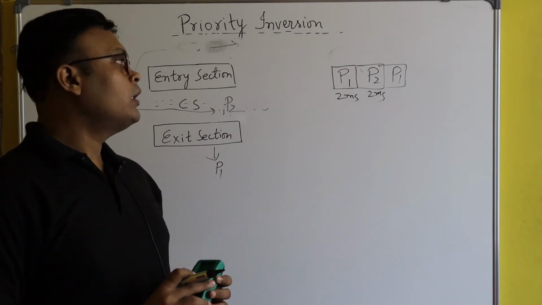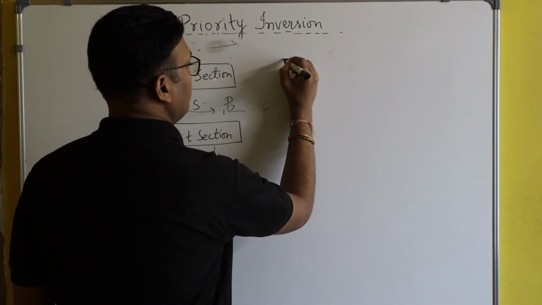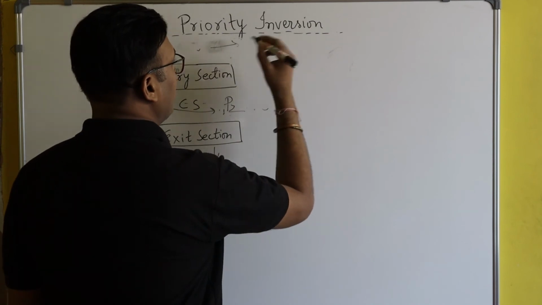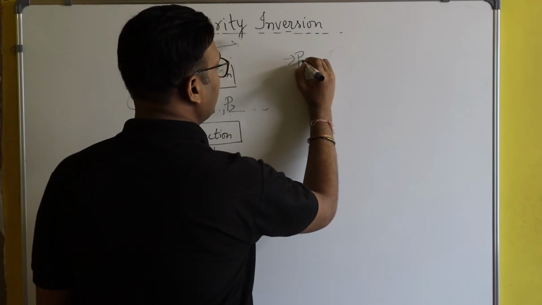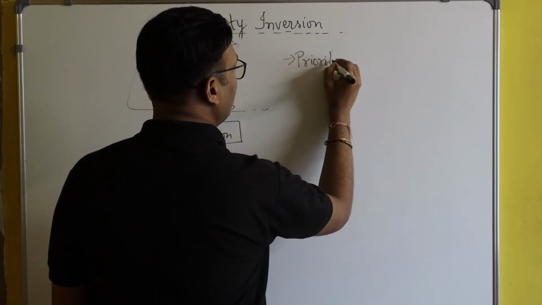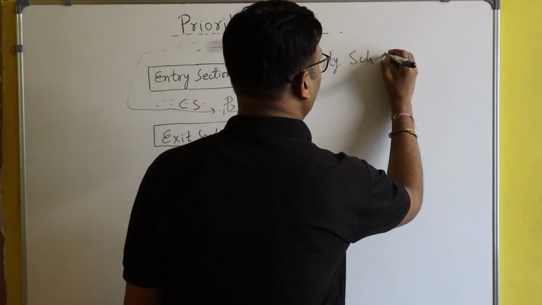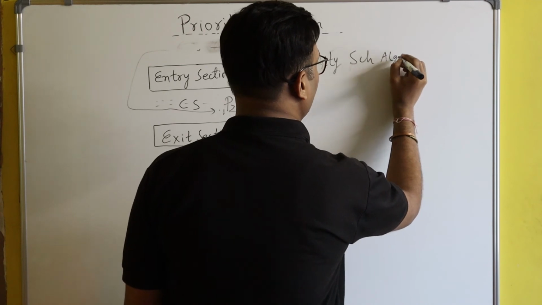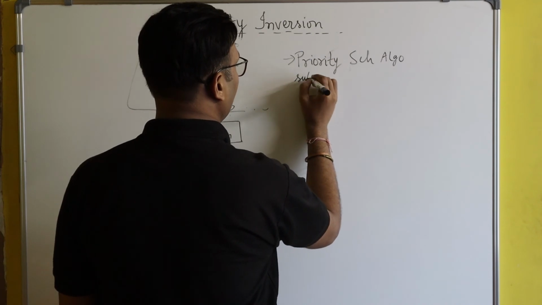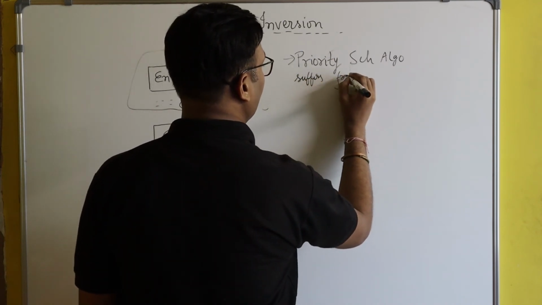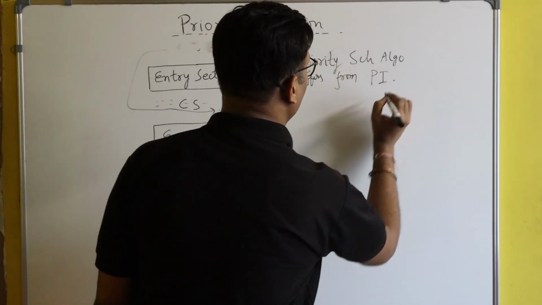So just write an important point. The priority scheduling algorithm suffers from priority inversion. PI means priority inversion.